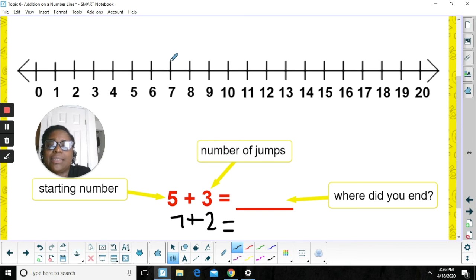So our starting number is 7. How many spaces are we going to jump? 2? You're right. So let's jump 2 spaces. 1, 2. What is our answer or our sum? Did you say 9? You were exactly right. 9. Very good. Let's read. Oops, I'm sorry. Let me put it in the correct spot here.